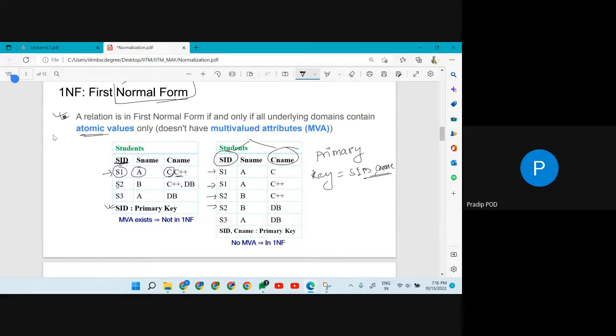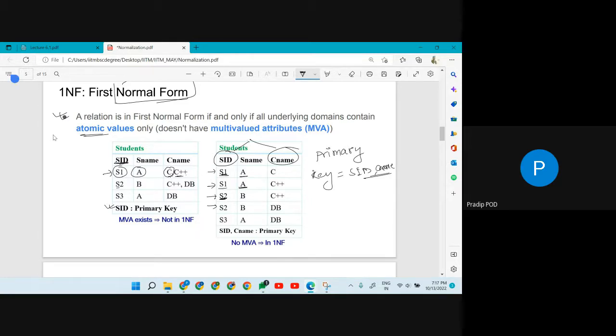Okay. But though it is in first normal form, the redundancy is also present. Redundant means duplicate value, so the same value got repeated, right? Here you can see that the problem is SID. As the SID S1 is repeated, A is also repeated, right?